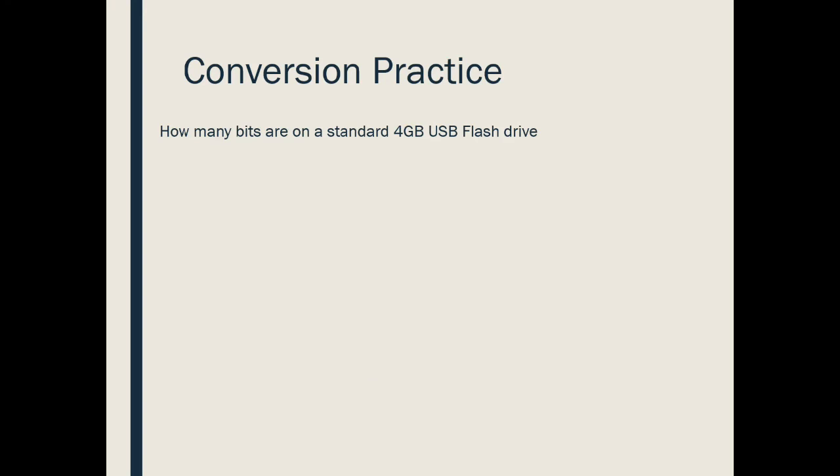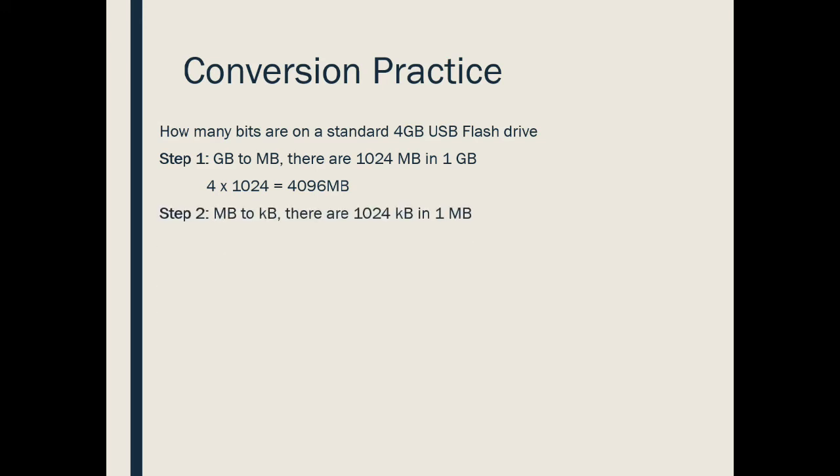So we start at 4 gigabytes, and from gigabytes we go to megabytes. We multiply by 1024, and we get a value of 4096. Now we have to go from megabytes to kilobytes. So we multiply 4096 by 1024.